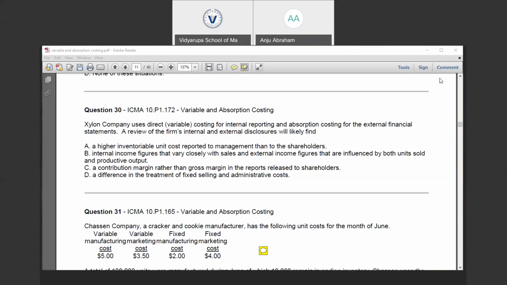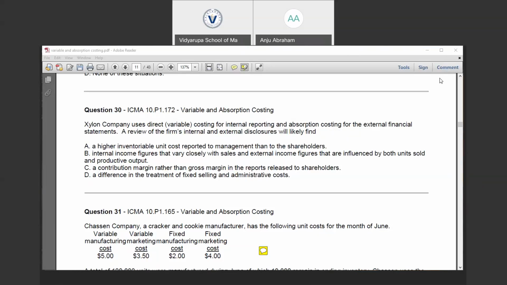Let's review option C. A contribution margin rather than gross margin in the reports related to shareholders. What is the report released to shareholders? Is it based on variable costing or absorption costing? Because for external reporting, we will be using absorption costing. So the reports related to shareholders will be the report prepared based on absorption costing.